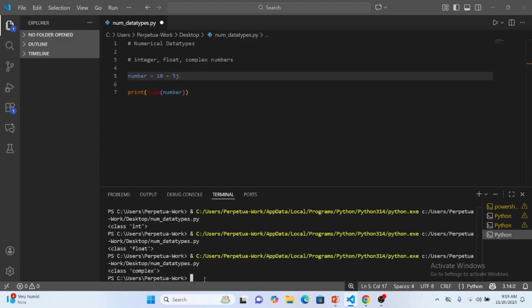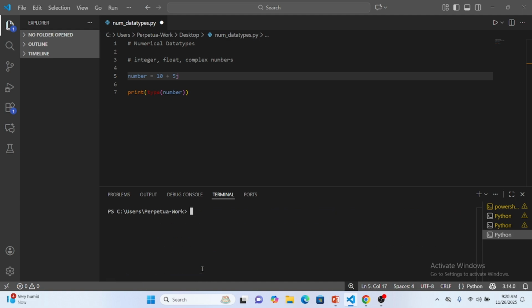Now a complex number is a number that is somehow a combination of letters and numbers. Okay, but in Python this letter can only be the letter j, right? So I'm going to clear the terminal, and most of the time this complex number is used in engineering.